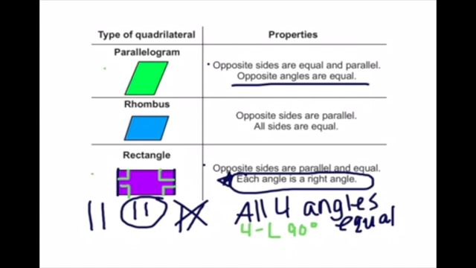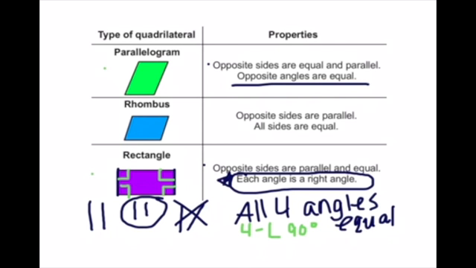Even though the parallelogram and the rectangle are very similar, we have two sides that are equal. The opposite sides are equal to each other, and they're parallel, but the angles are a little bit different. And that's what makes that rule for a rectangle different than a parallelogram.